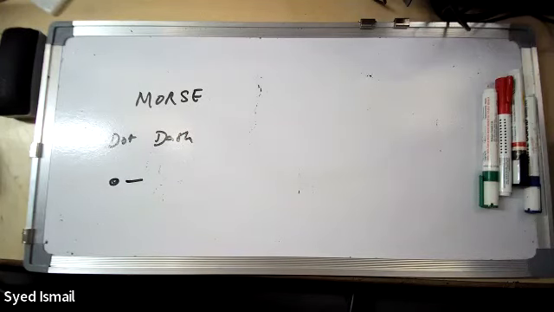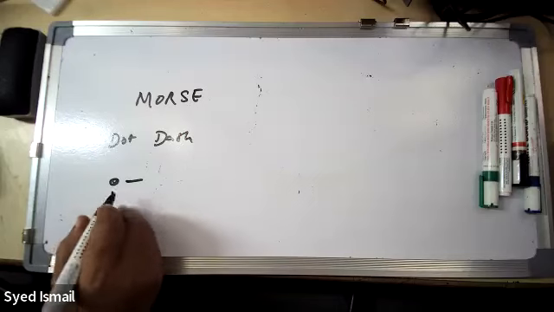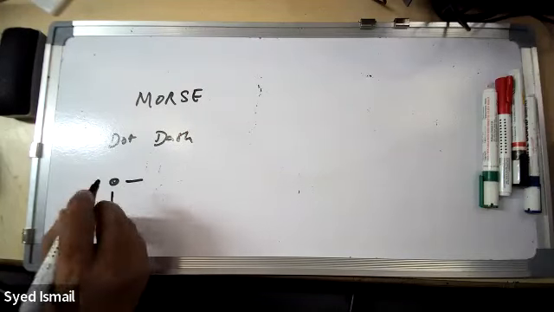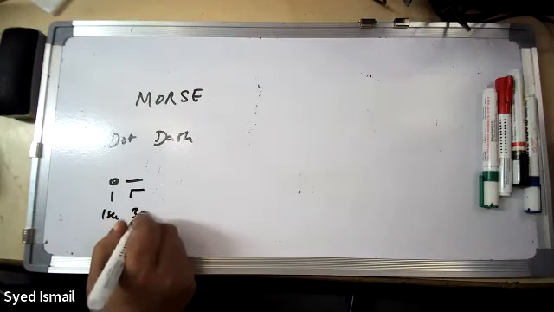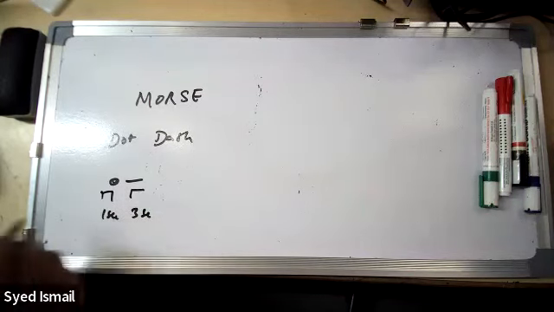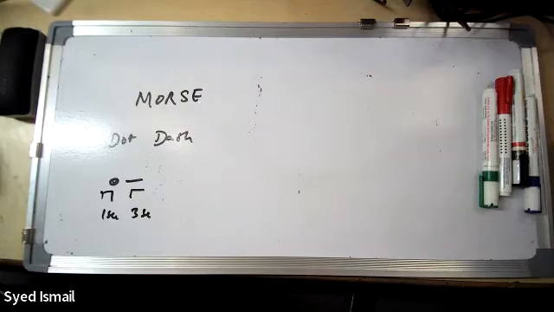So a dot means 1, a dash also 1. The dot is 1 second, and the dash is 3 seconds. For example, it can be smoke. Smoke comes out for 1 second, doesn't come out for 1 second.